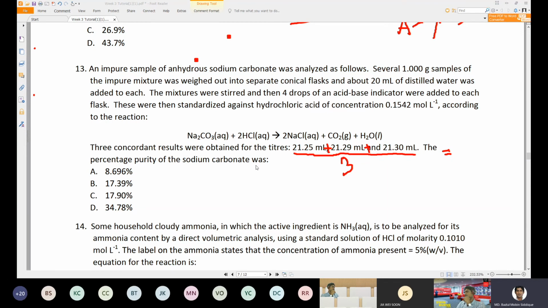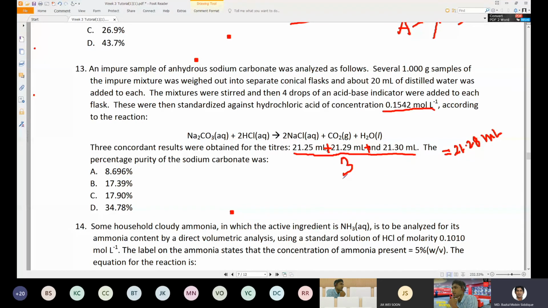So it is 21.28, right? The volume is 21.28 milliliters, and then I have this amount of hydrochloric acid, and the concentration is this.